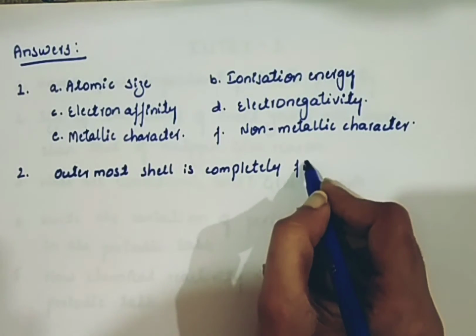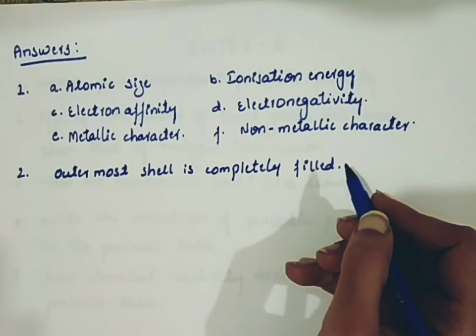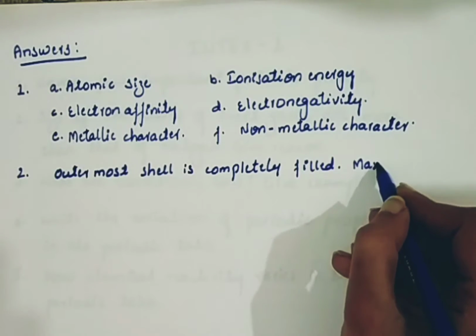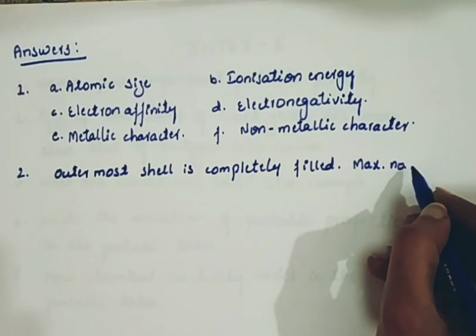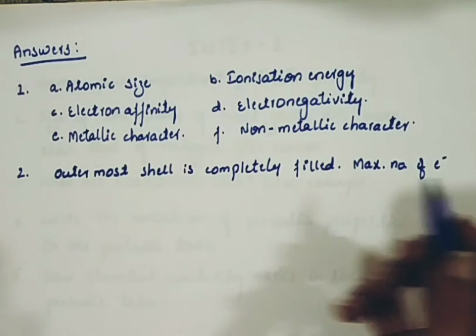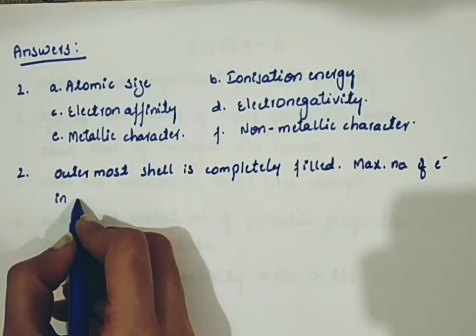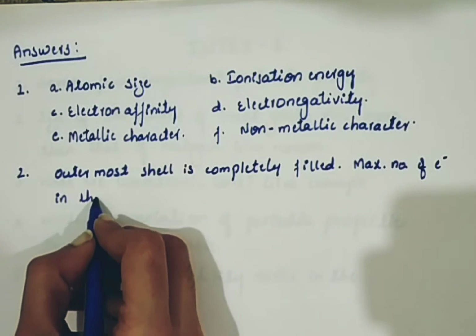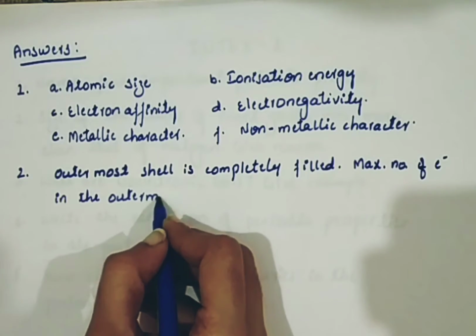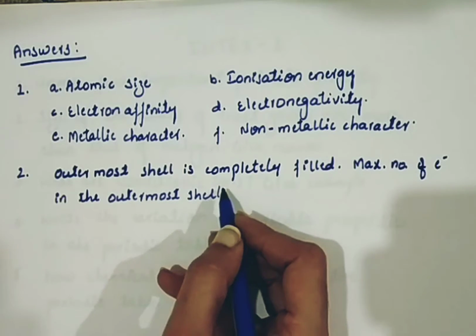This is because the outermost shell of inert gases is completely filled. The valence shell is completely filled and contains the maximum number of electrons. If the number of electrons in the valence shell is more, repulsion will be more. If the repulsion is more, then size expands.